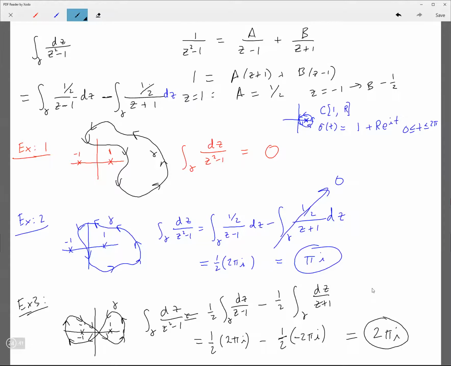And then if you enclose both points, so if you just have a curve that encloses both points, then that integral is going to be 0, because then you'll have 1/2 times 2 pi i, or I'm sorry, minus 1/2 times positive 2 pi i.